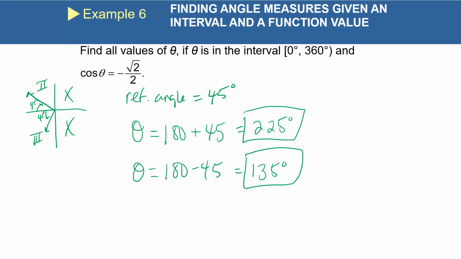Oh, on which part? Okay, so if this problem said, what is the cosine of 225? You would say, okay, it's between 0 and 360. Check, no coterminal needed.